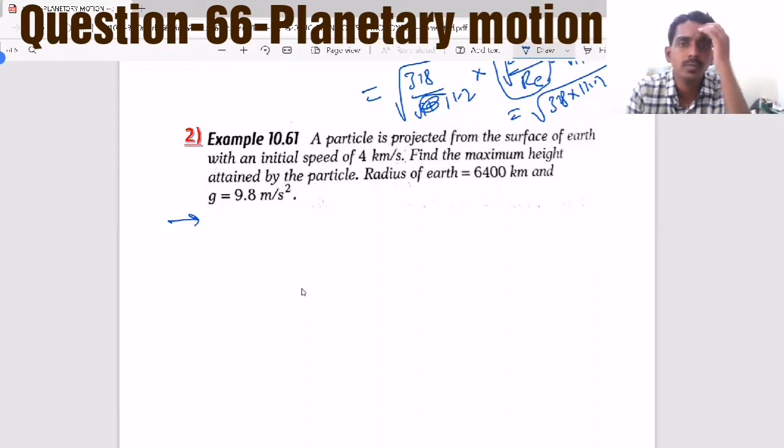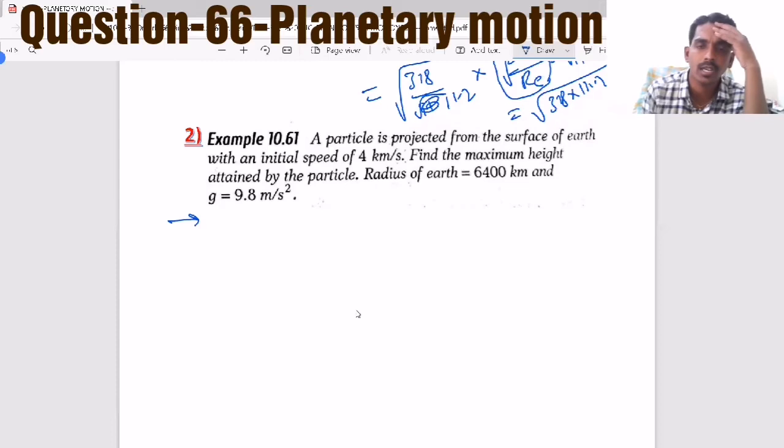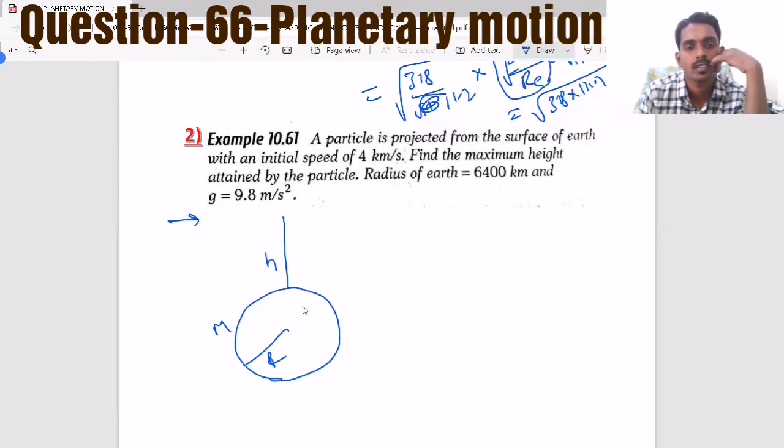Now, a particle is projected from the surface of Earth with an initial speed of 4 km per second. Find the maximum height attained by the particle. See, a particle is projected from the surface of Earth. Now, this is Earth of mass M, radius capital R. You are throwing with a speed v, so that it reaches a maximum height h, where the speed will become 0.